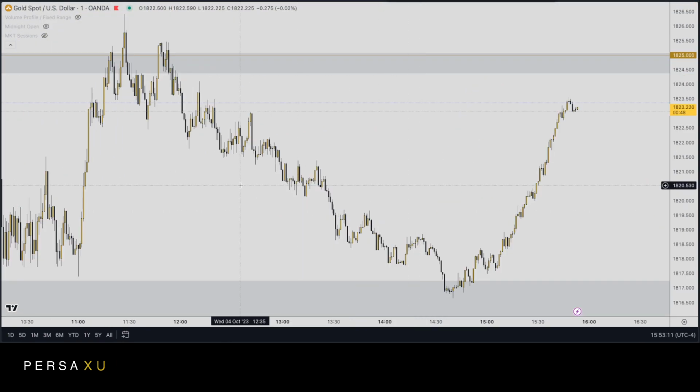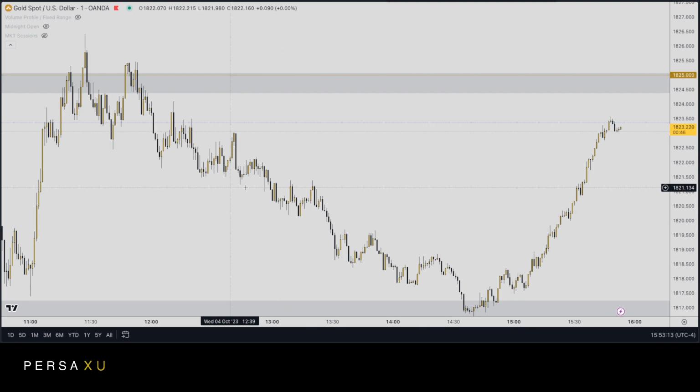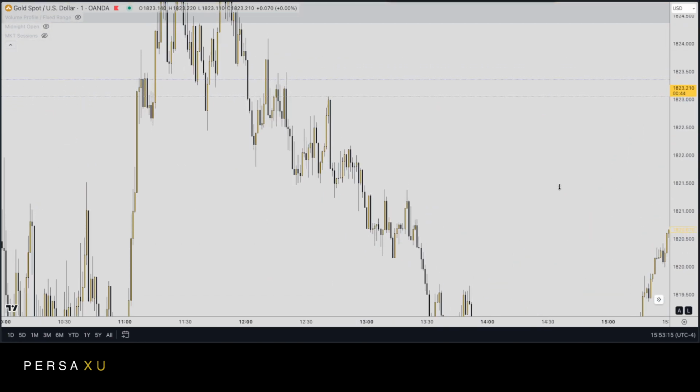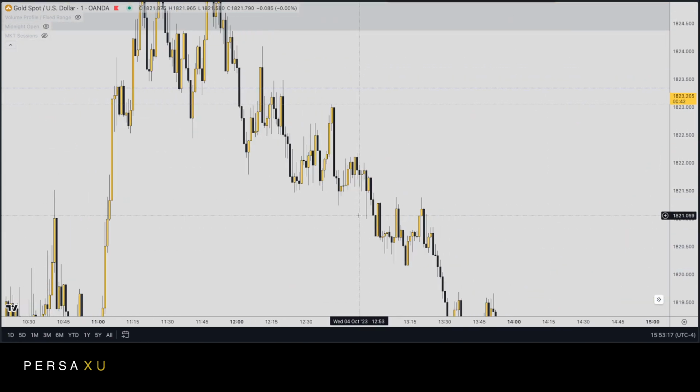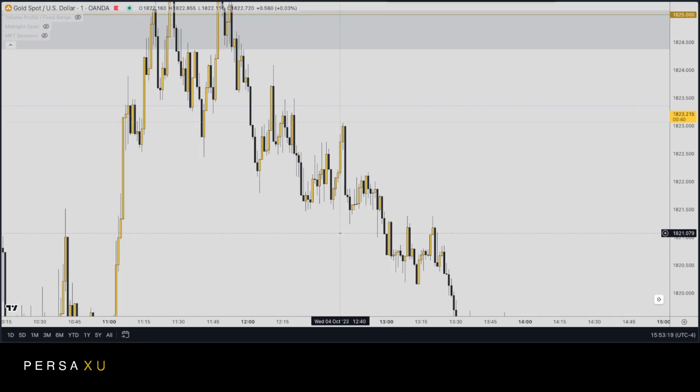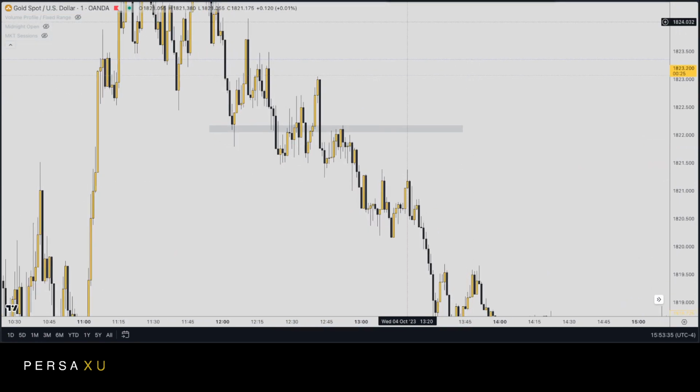So I'll start by showing you a very simple textbook explanation. When I say textbook explanation, I mean things that are in books that you can read easily online, and that's support and resistance. It's very basic, but it's a principle that the market just respects, and you use this in your favor.